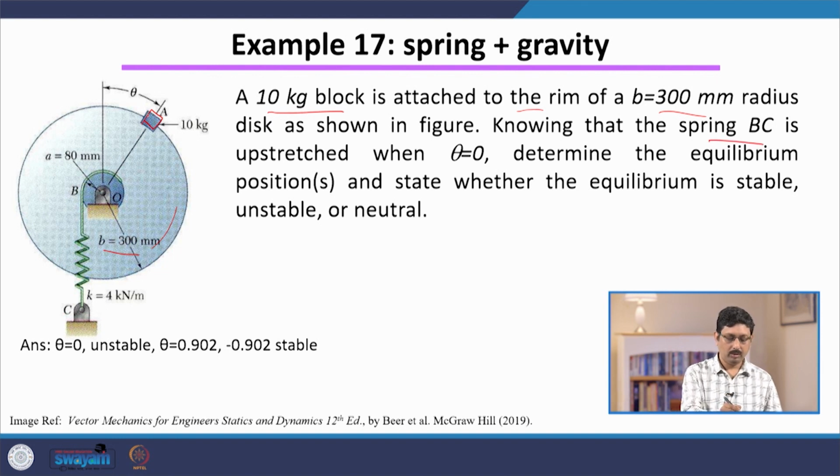If you move this block along the rim, let us say the vertical position is where the spring is unstretched. If you move the block in this direction, then because of the way this mechanism is designed, the spring is going to stretch, and if you move the block from the other direction, the spring is going to compress.